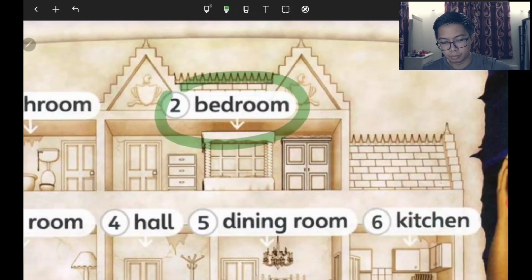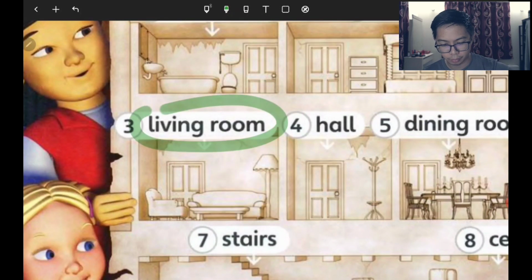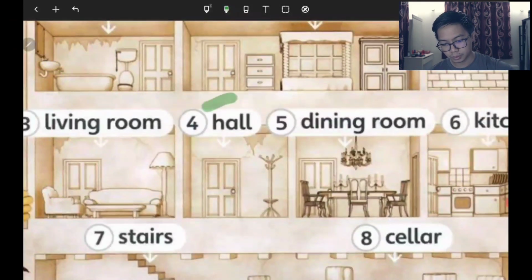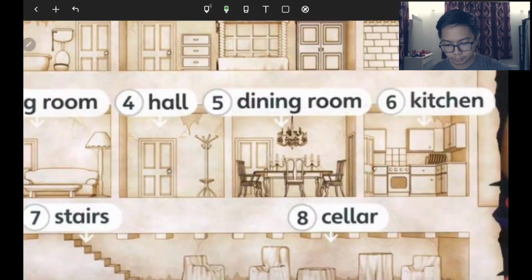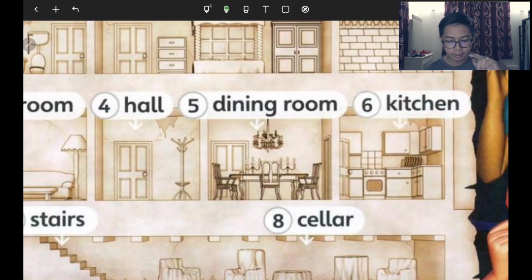And then the second room, the bedroom, the place where we sleep or we get some rest. Number 3, the living room, full of sofa, coffee table, lamp. You have to really look at the details of the room.